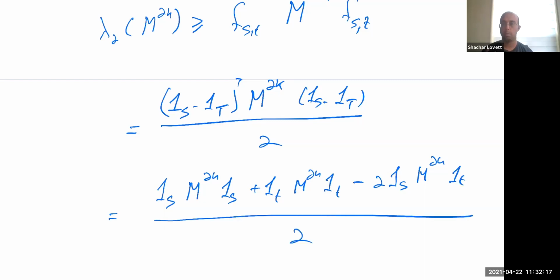In the last term, I use the fact that M is symmetric. And again, remember, M to the 2k counts paths. So the first term, 1_s M to the 2k 1_s, counts closed walks in this graph that start and end at s of length 2k, which is exactly what we analyzed before. This is counting closed walks in a graph. Similarly for 1_t M to the 2k 1_t.